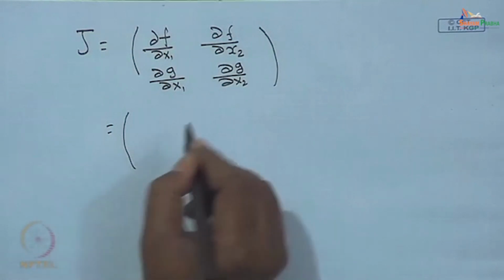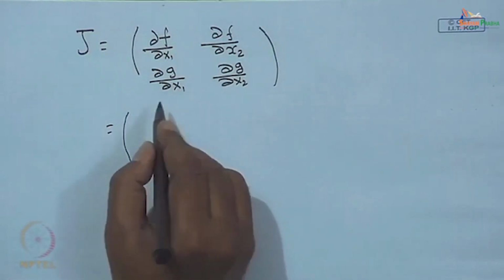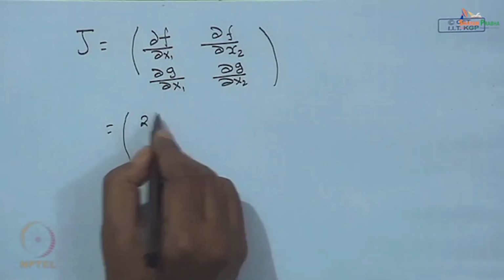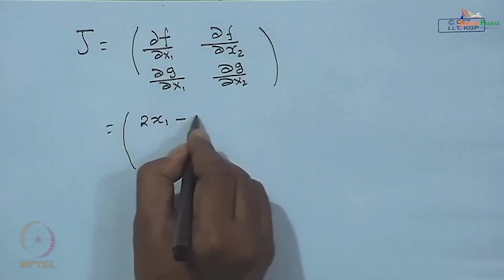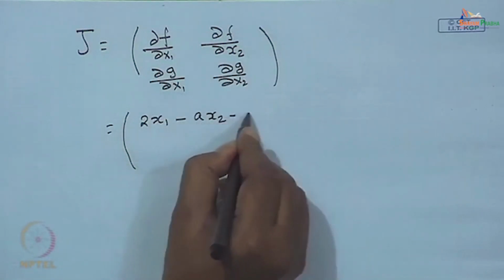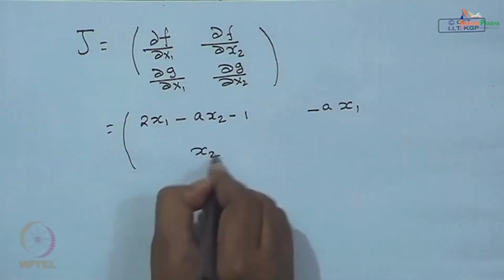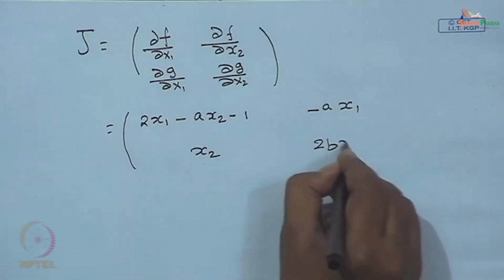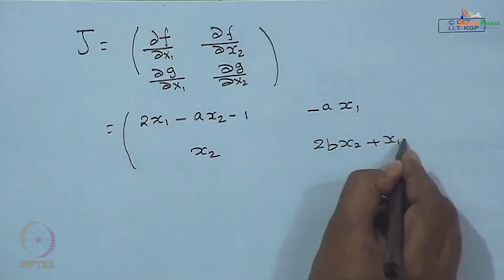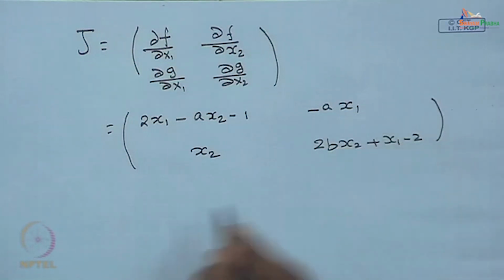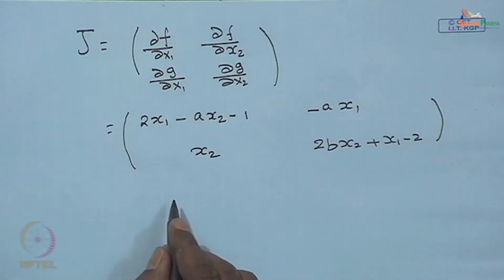If we evaluate all these partial derivatives and put them into the elements of the matrix, this becomes 2x1 minus a x2 minus 1, minus a x1, x2, and 2b x2 plus x1 minus 2. So, this is the Jacobian matrix.